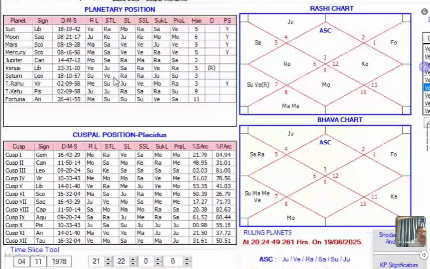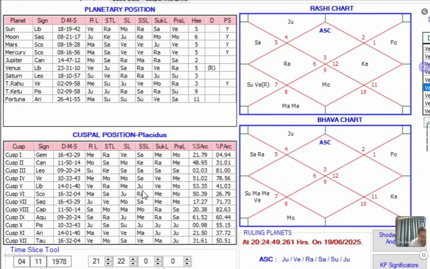So first of all we will read the links of Jupiter. Jupiter here is not in the third house. Jupiter is not in 4. Jupiter is in 5, which is Badaka. Jupiter is not in 8th.